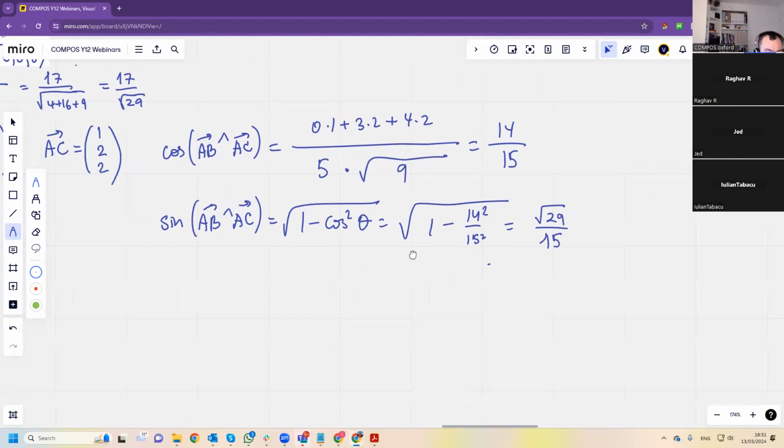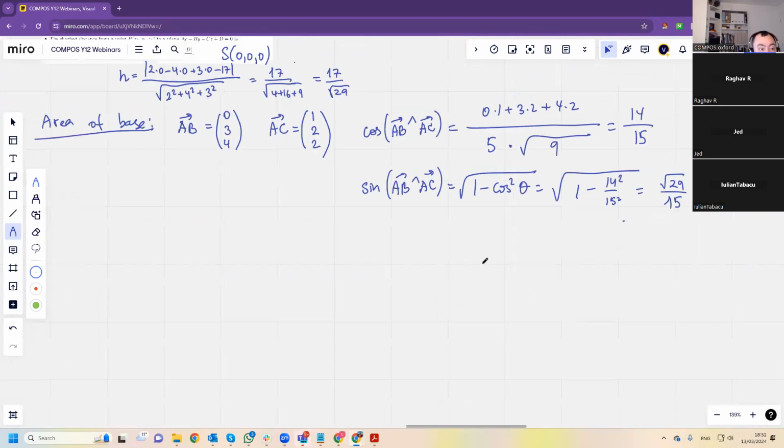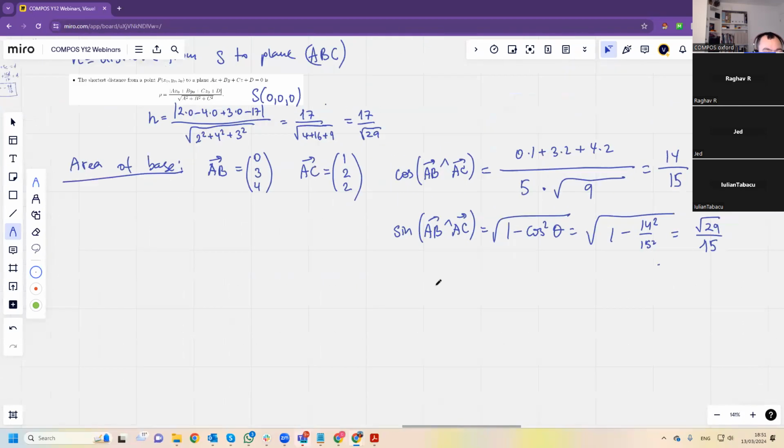Interesting. So why do I need sine? Because the area of the triangle ABC is 1/2 AB times AC multiplied by sine theta, which is 1/2 multiplied by AB, which is 5, times AC, which is not 3.